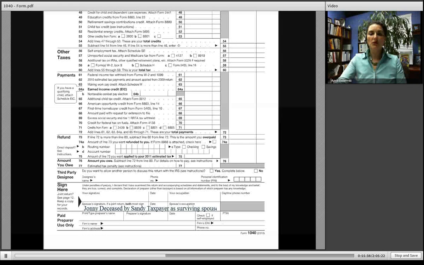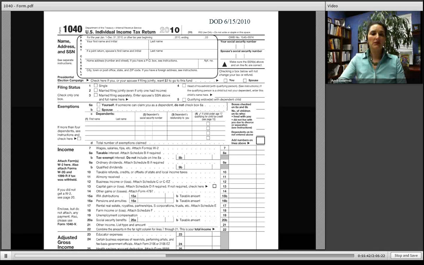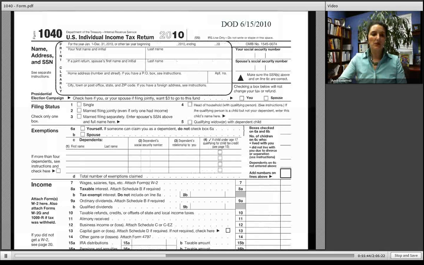I'm going to go back to the 1040 form, and we're looking on page 1 of the 1040 form at the boxes where we toggle whether or not we are claiming a dependent and also whether or not we're claiming an exemption. And if we look right here, it says you can enter or check this box if you are claiming an exemption for yourself, and you check this box if you are claiming an exemption for your spouse.